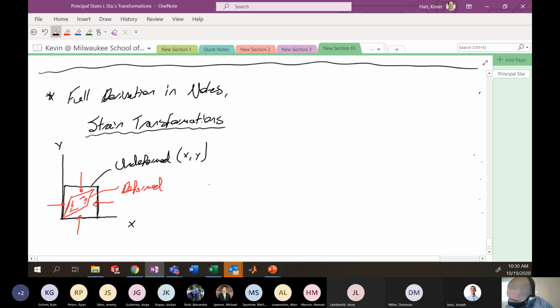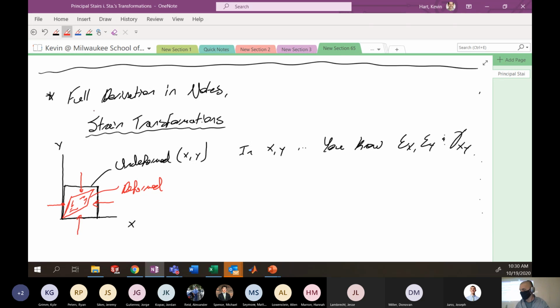So in XY, let's say that you have these things: epsilon x, epsilon y, and gamma xy. And those would be like sort of the shrinking of this element and the pinching of this element.